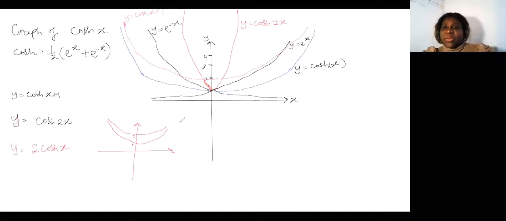to 2 there. And of course, you can have y is equal to minus cosh x. Now we want to look at the graph of sinh x.